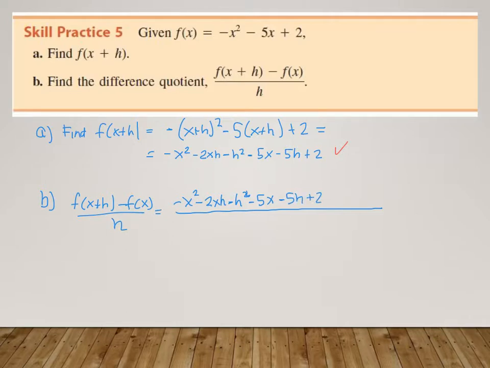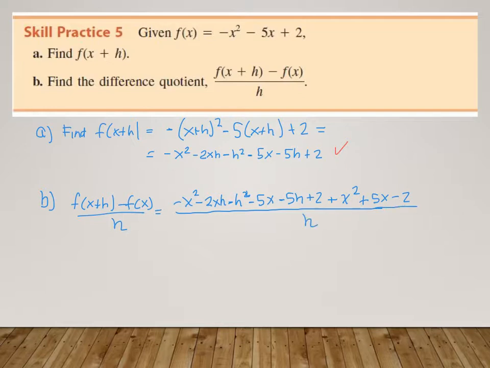But now we have the minus of f of x, and the minus of f of x is just a plus x squared, because we're going to distribute the negatives, plus 5x minus 2. This is all over h.